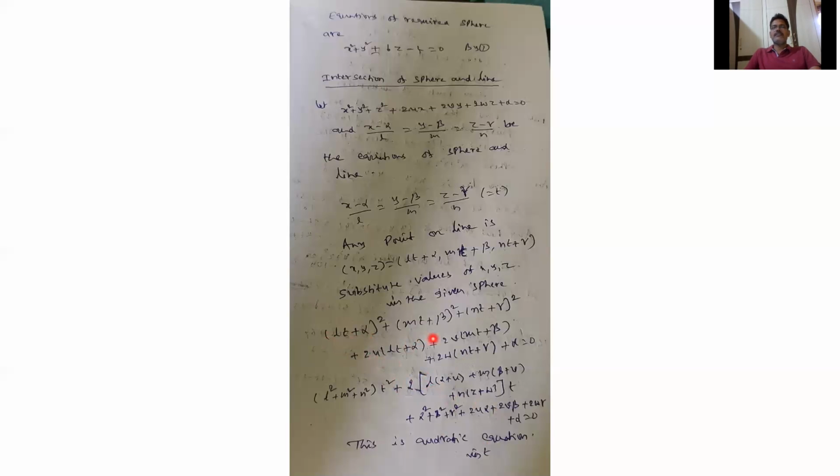Similarly 2m beta t and 2vm t, taking m common, m times (beta plus v). And 2nt gamma, taking n common, n times (gamma plus w), all times t.